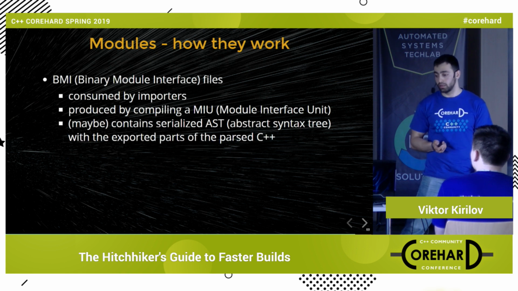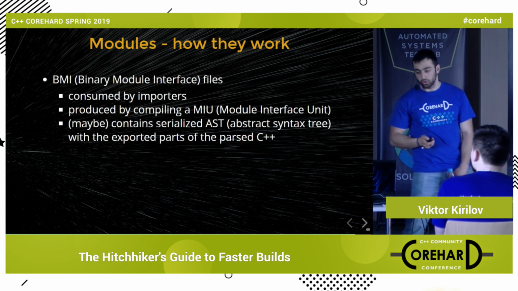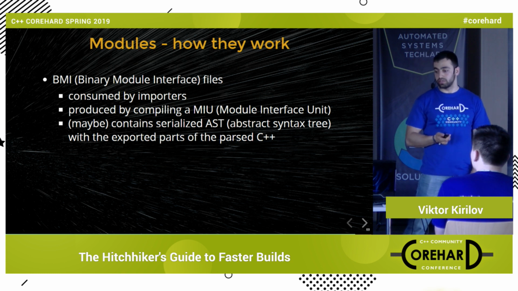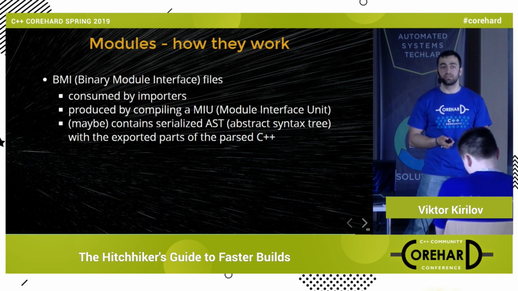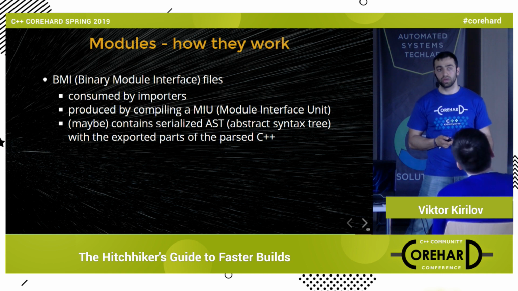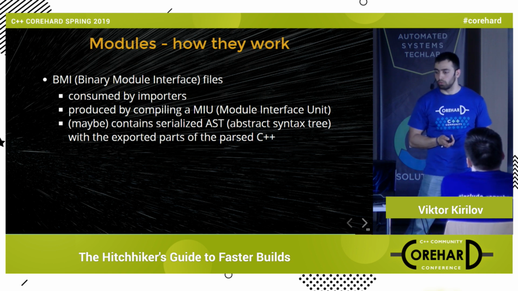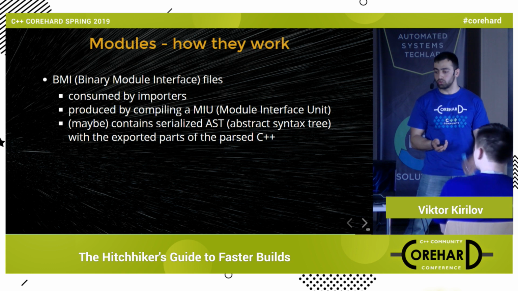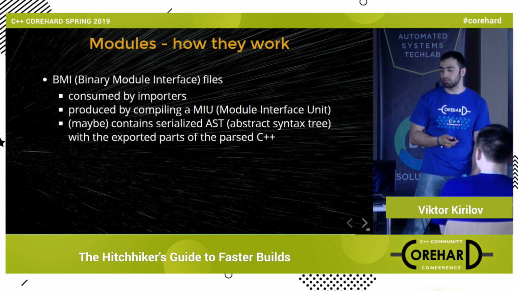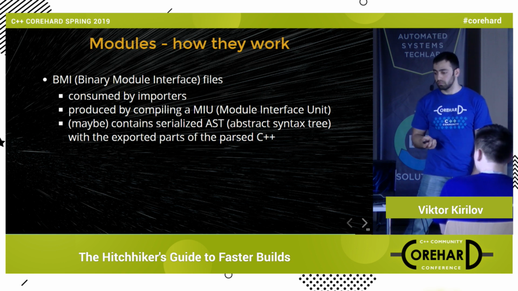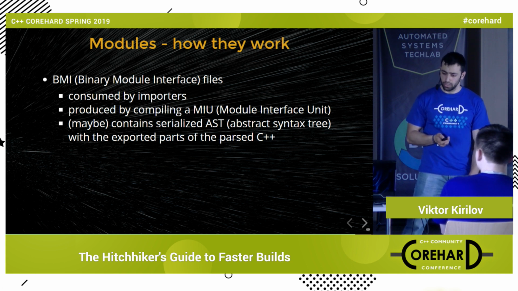How do they work? A really not very thorough description. We have binary module interface files, which whenever we include a module, we consume such a binary file. And these files are actually produced when we compile the module interface unit for that specific module. So there's an interesting problem of how actually to generate those BMI files and how to do the whole compilation. And build systems are currently trying to figure that out.